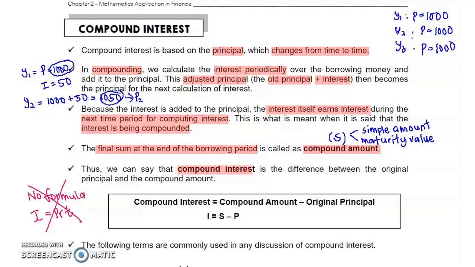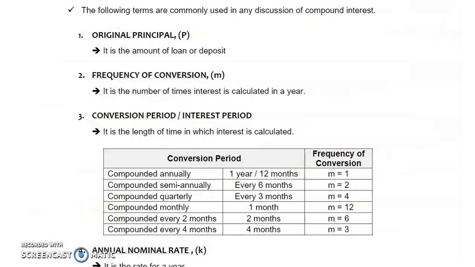The keyword: if it is compound interest, the word compound will be mentioned, and if it is simple interest, the words simple interest will be mentioned. So don't use the wrong formula.